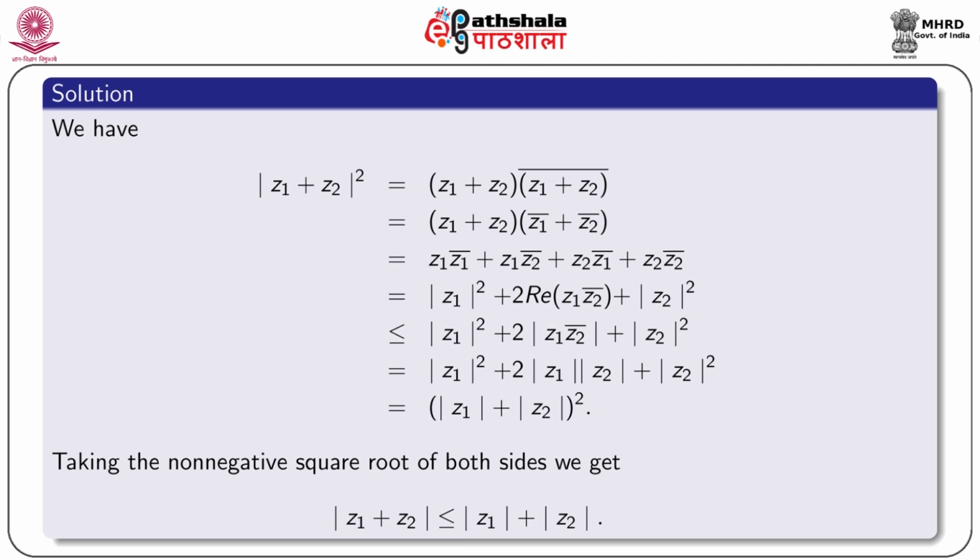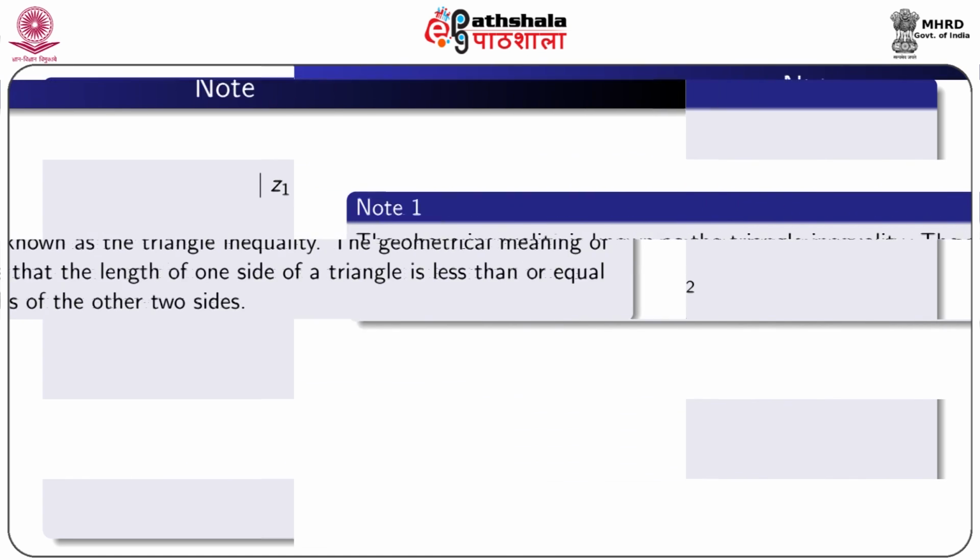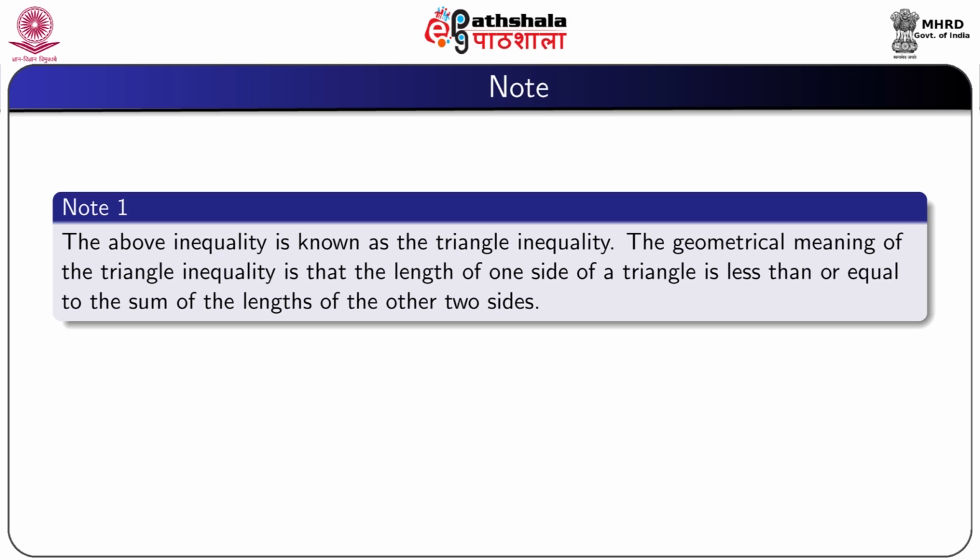Here we use the relation that mod z2 bar is equal to mod z2. So, now taking the non-negative square roots of both sides, we get our required result. Please note, the above inequality is known as the triangle inequality.